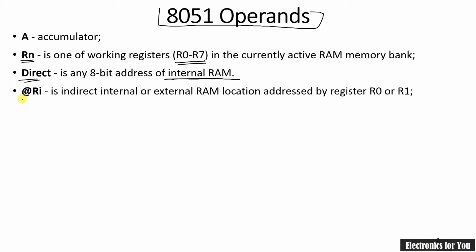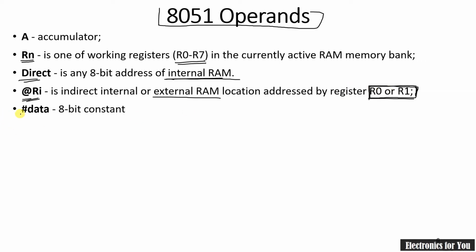Then @Ri indicates an indirect internal or external RAM location. Ri itself is only related to the internal registers located in the register bank, R0 and R1. These are the two registers which may be in any of the register banks.